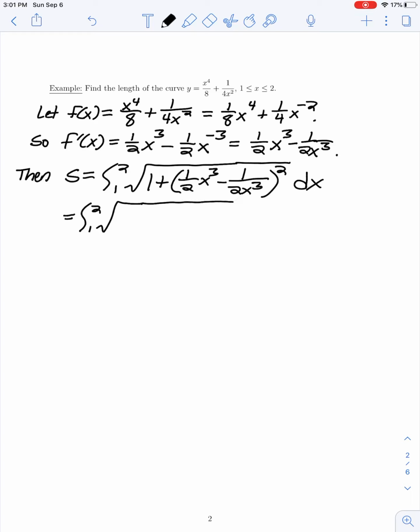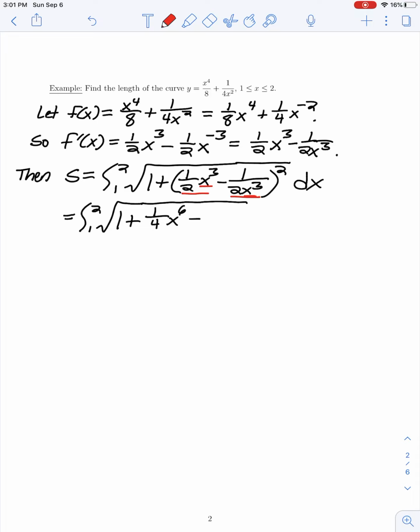So under the radical, we had a constant 1, plus if we expand this factor squared, we're going to have a 1/4 x to the 6th power minus 1/4. So when we multiply our 1/2 x cubed times the negative 1 over 2x cubed, those x cubed factors will cancel.